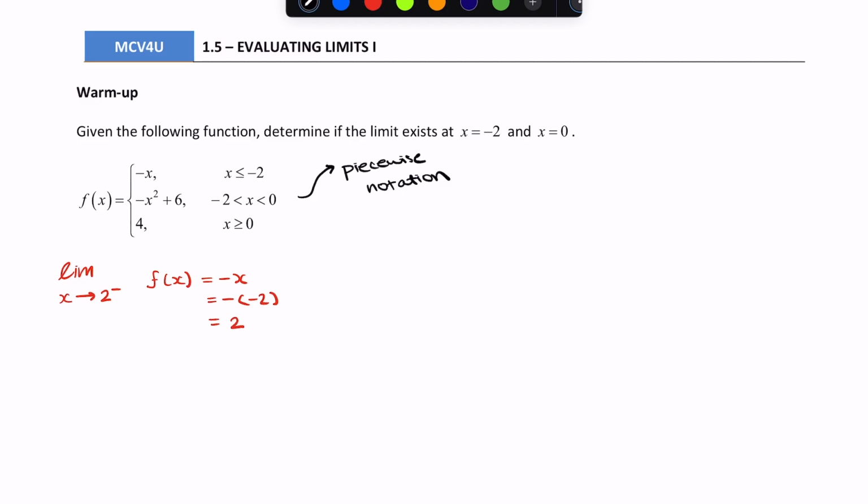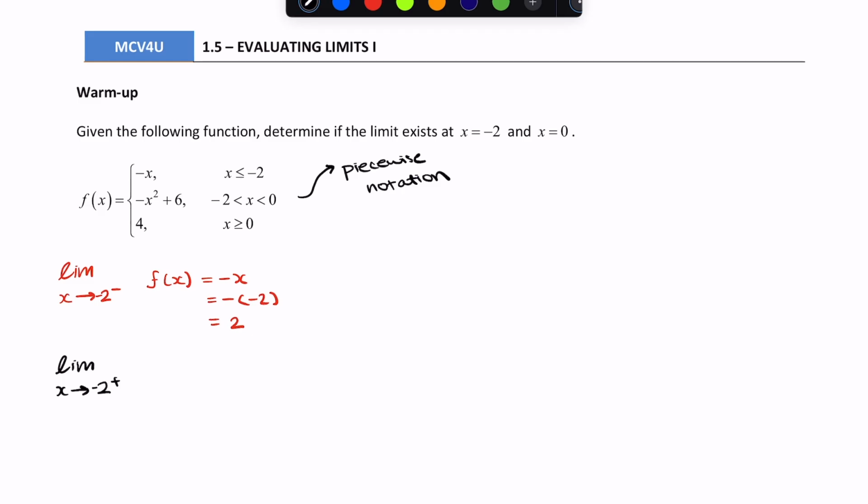Now let's look at it from -2 from the right-hand side. So limit as x approaches -2 from the right, so again, that's 2 positive. Get those negatives in there.